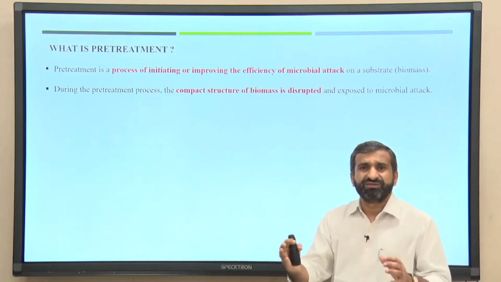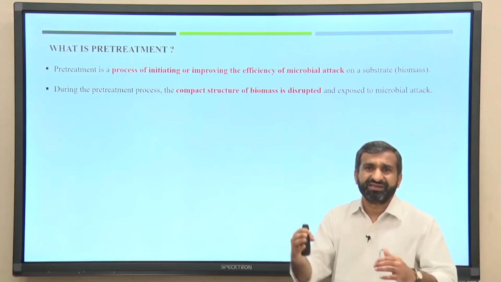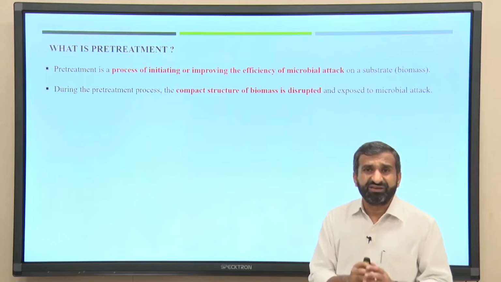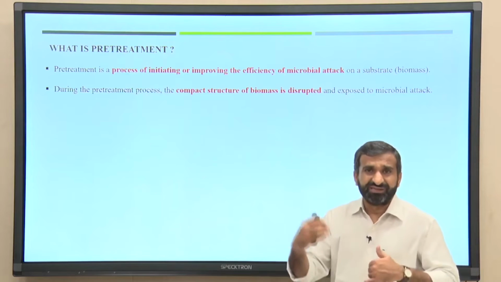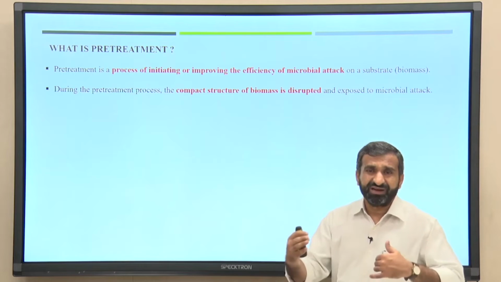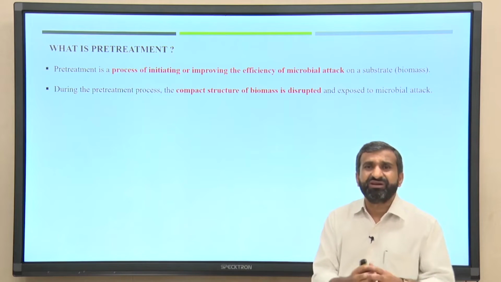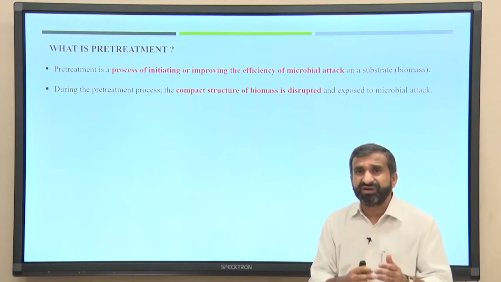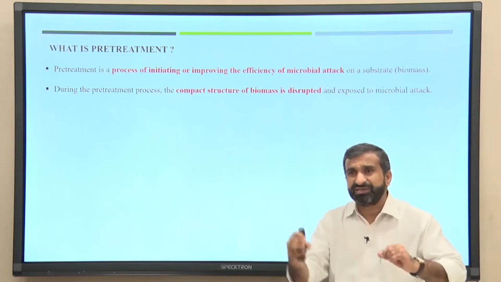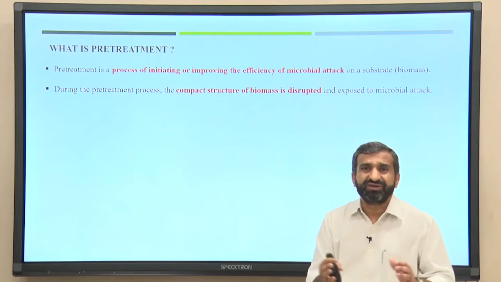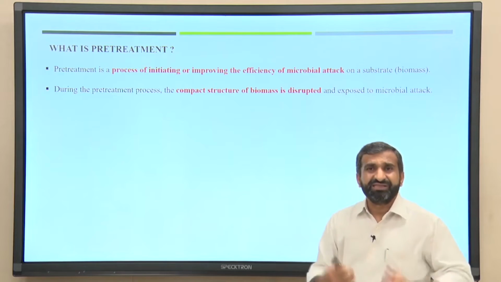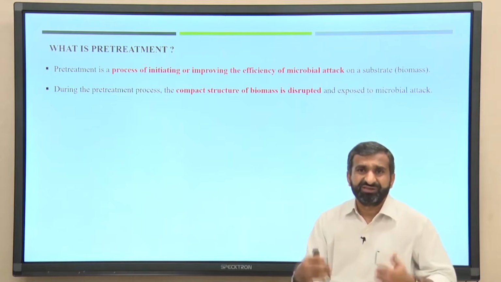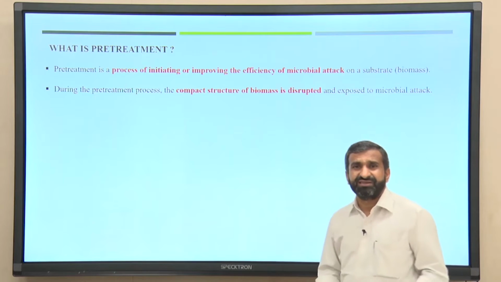After some time they can start degrading such waste, but it will take more time, especially for some organic material like lignin, which is very difficult to degrade. By this pretreatment process, lignin kind of organic matter will be easily converted into sugar, so that it can easily be attacked by the microbes.